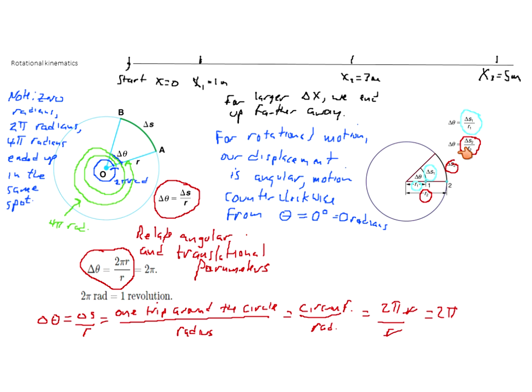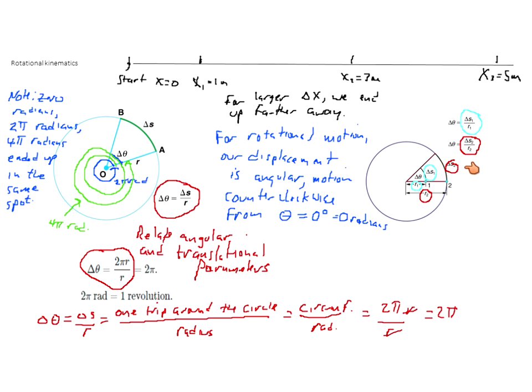If you're on a merry-go-round, for example, one person is sitting at point 1, and another person is sitting at point 2. The person at point 1 is not going as far around because they're, let's say, 1 meter from the center. They're undergoing a relatively small delta S. This person is 2 meters from the center.